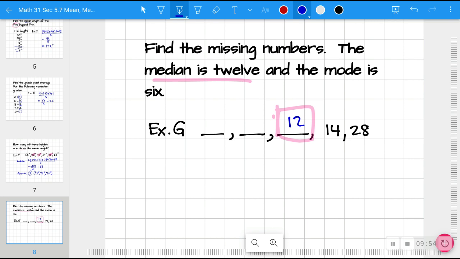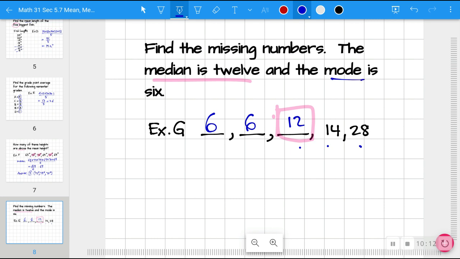And then the mode is 6. Well, you can see that these numbers here, there's only one of each. So in order to be better than that, we have to fill both of these in with 6s. And now the most popular number is 6.